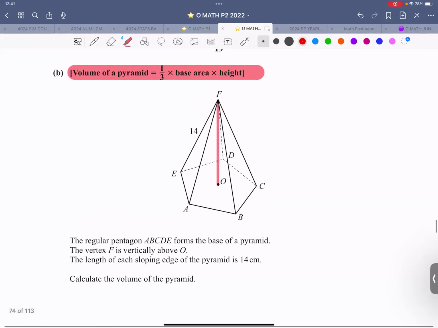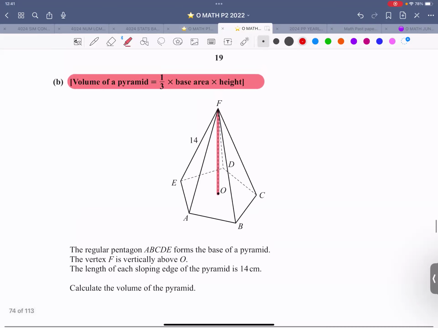Calculate the volume. So that is the height, and the sloping edges are 14 each. So this is 14, like this. Okay, and this thing is given.